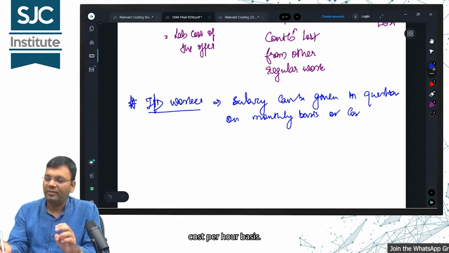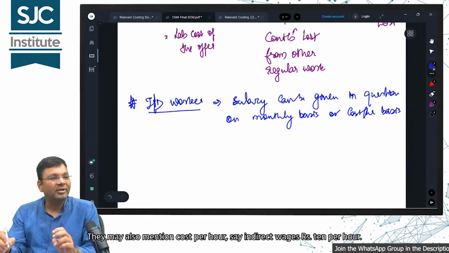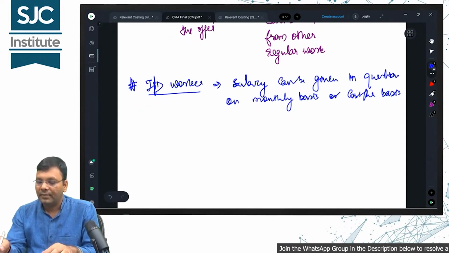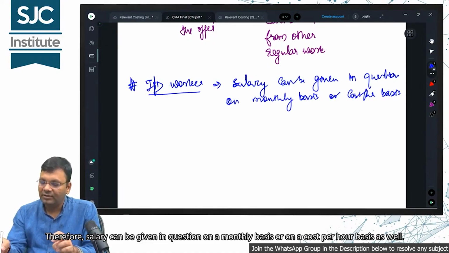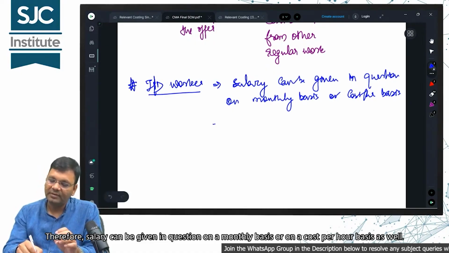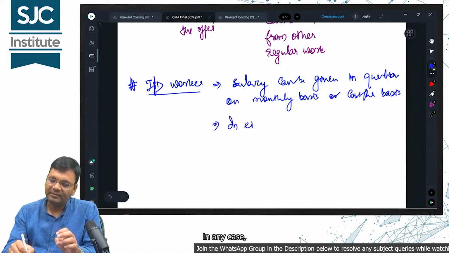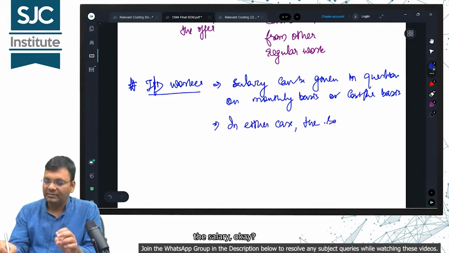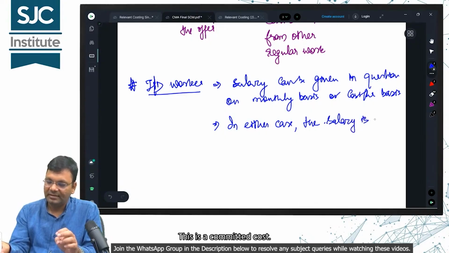Or on a cost per hour basis. They may also mention cost per hour, say indirect wages, 10 rupees per hour, like this. Therefore, salary can be given in the question on a monthly basis or on a cost per hour basis as well. In any case, the salary is a committed cost.